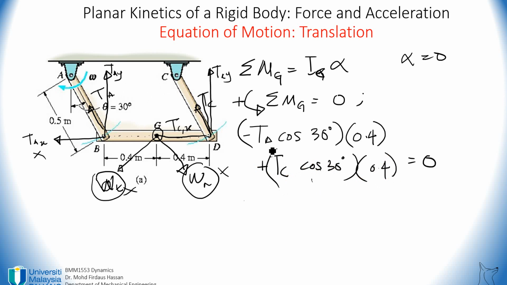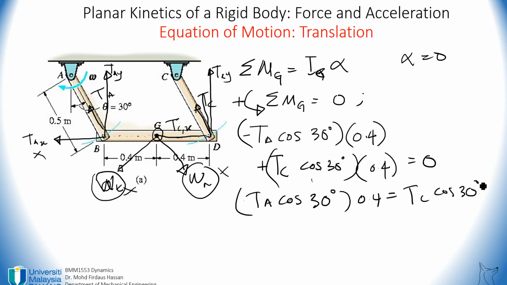We can see that TA cos 30 degrees times 0.4 is equal to TC cos 30 degrees times 0.4. So we can see that TA is equal to TC. You got the third equation here. So TA is equal to TC.